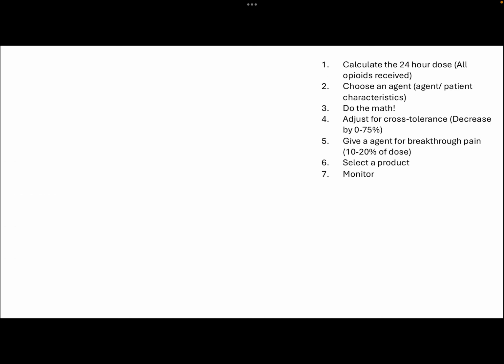Once again, our math is the same. So we're going to still add up our total daily dose, which equals 170. And I'm not going to re-show that work. And then we're going to do the math again. It should be the exact same.